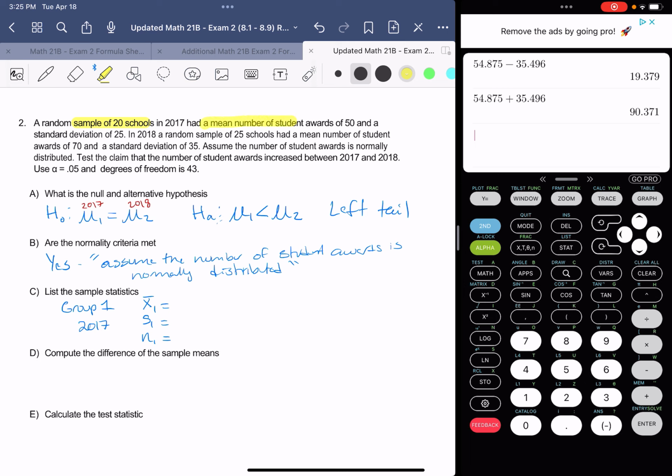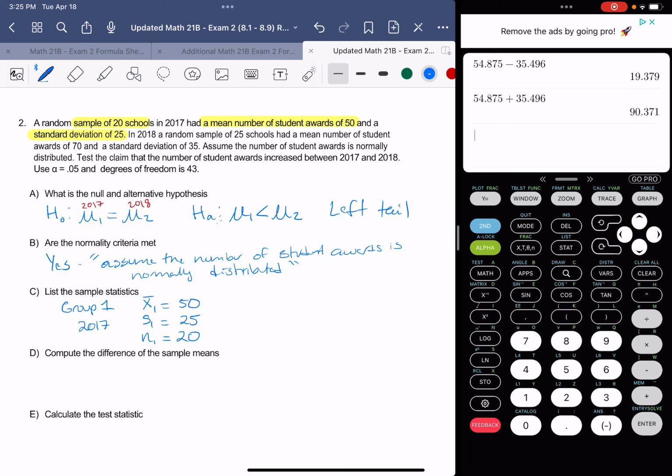It had a mean number of 50 and a standard deviation of 25. All that information is provided to you. We're just pulling it out. So the mean was 50, the standard deviation was 25, and the sample size was 20.